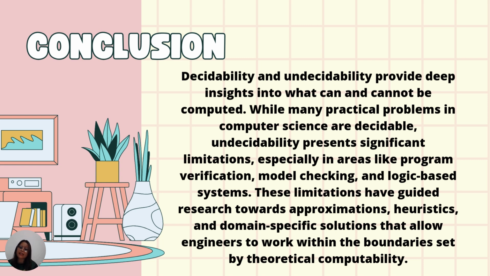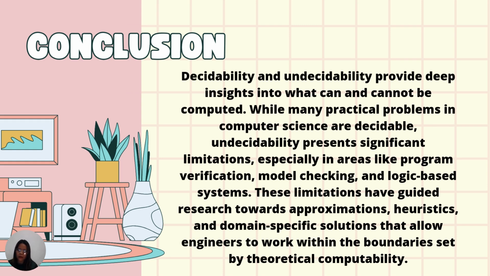Decidability and undecidability provide deep insight into what can and cannot be computed. While many practical problems in computer science are decidable, let's summarize. Decidability and undecidability help us understand what can and cannot be computed.